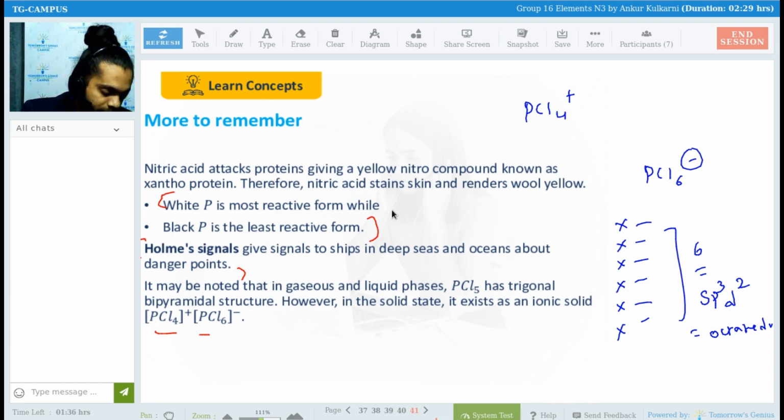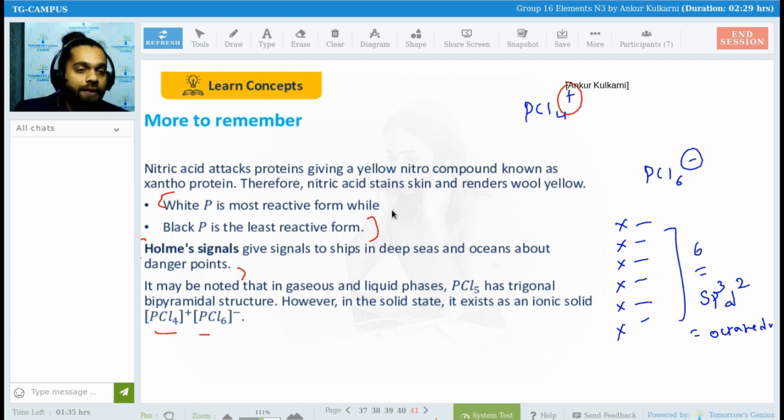PCl4 plus. Yes, correct. And what will be PCl4 plus?